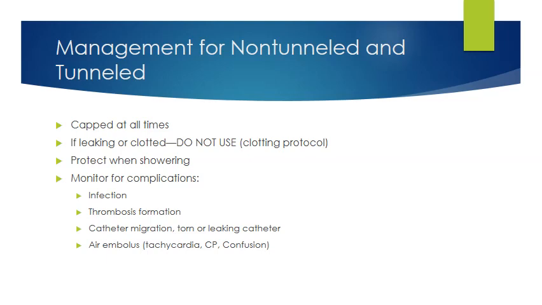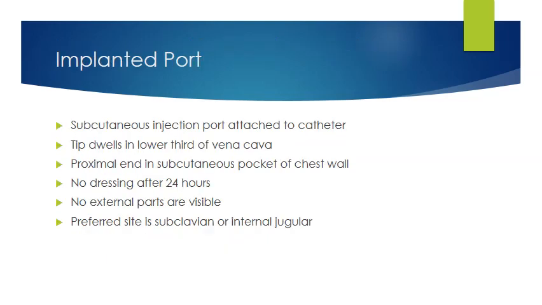You really have to watch. I mean, you're talking about a big catheter going in, and so we have to make sure that air is not getting into our vascular system. And if you do have an air embolus, what kind of things are you going to see? We touched on this with complications, but we're going to see tachycardia, chest pain, possibly confusion.